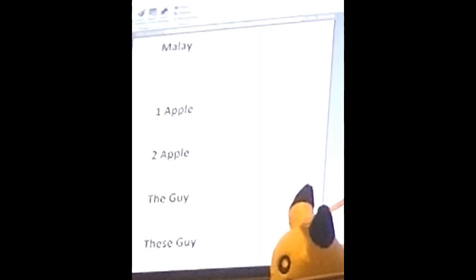Like these cannot be singular, because this should be singular. So you should know in this case that these is always plural, even if you forget the S at the end of the plural form. But once again, these guy is wrong English, and you should pronounce it like these guys. But it is, once again, to give another example.